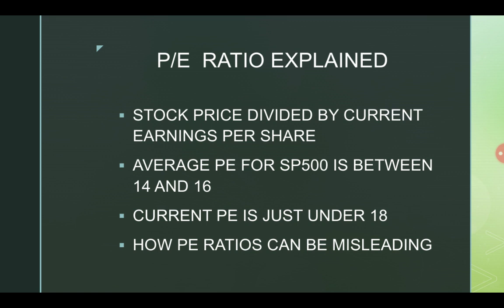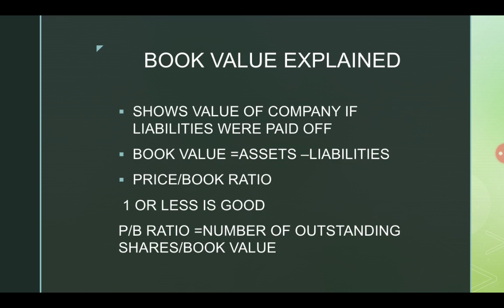So we're going to move on to book value. This is a better way of evaluating companies, especially when you're looking for value. The book value shows the value of a company if all the liabilities were paid off. You calculate book value by taking the amount of assets and subtracting the liabilities.